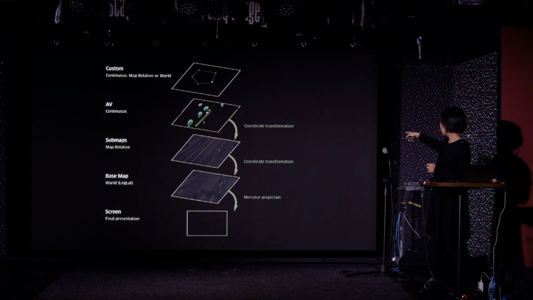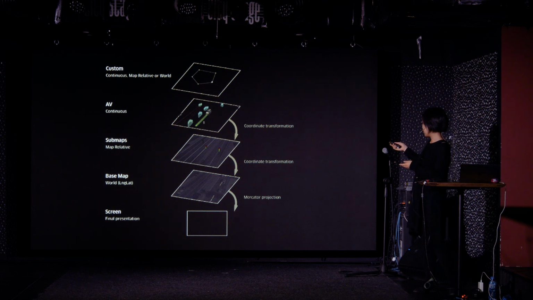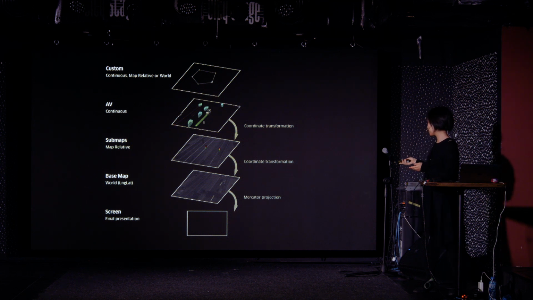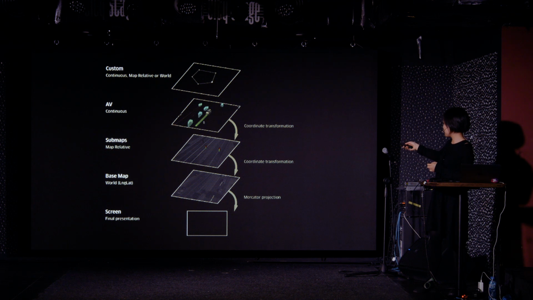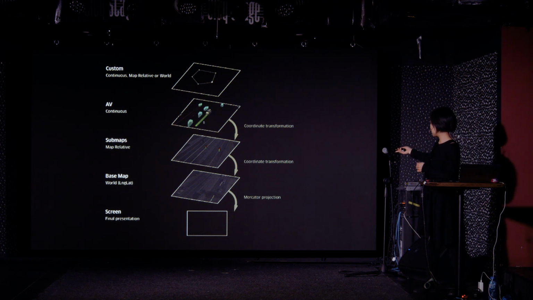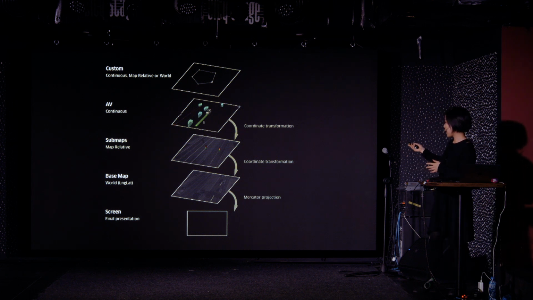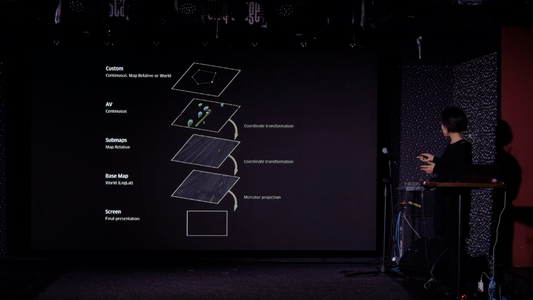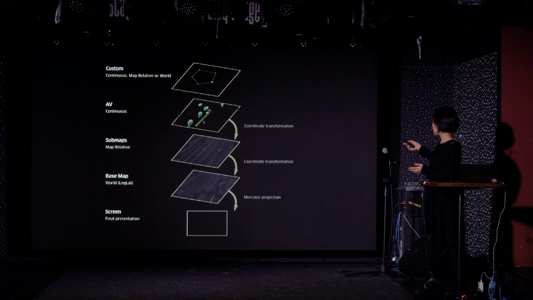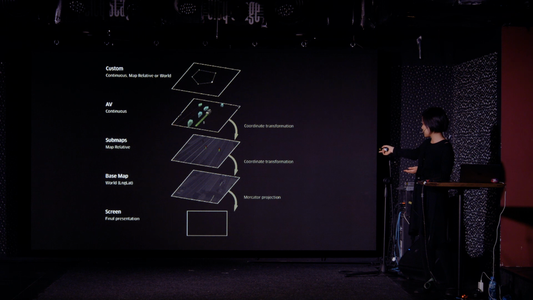And at the third level, we have submaps, which are based on top of a geospatial system. And there's a base map. It's also a system that's based on top of some other application we request from the web. So all these different coordinate systems need to be combined on the screen.